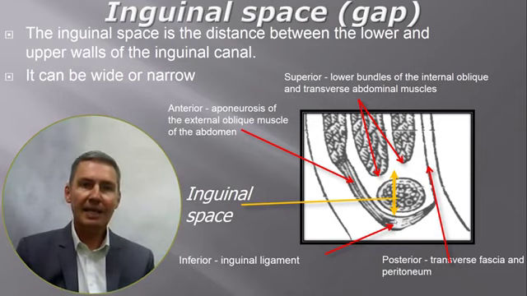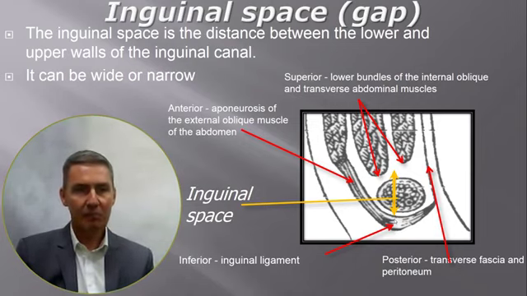According to the anatomical structure of the male and female body, the inguinal space is wider, bigger in males than in females, because the pelvis of males is more narrow and higher, while the pelvis of females is wider and shorter.